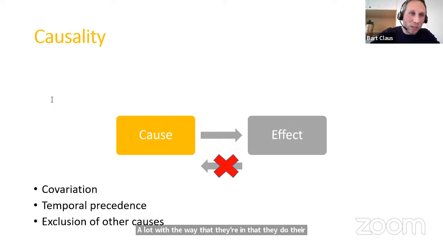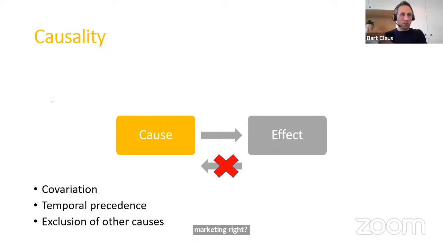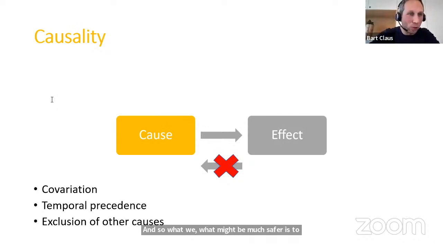And so what might be much safer is to first do an experiment in a lab in a more controlled and contained context, and then, if you find the effects that you hope for, to only then deploy them in a larger context. Something that is also quite often done is to work with a sample of stores.